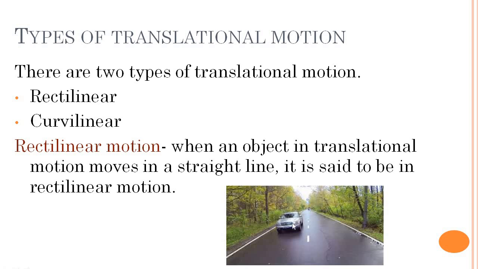As you can see in the picture, the car is moving on a road and it covers a straight path. So this is a rectilinear motion. It is a type of translational motion, because all parts of the object cover the same distance in a given time and it follows a straight path. That's why it is a translational motion and also a rectilinear motion.